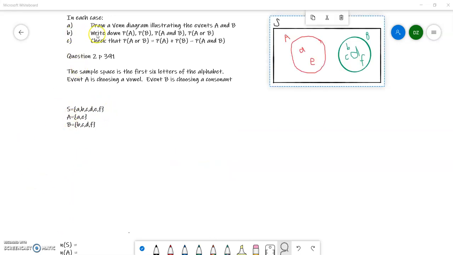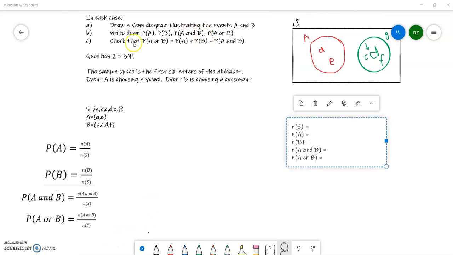The next part of my question asks me for the various probabilities. And in order to do the various probabilities, I need those various formulae. So I'm just going to copy over those formulae quickly. Since question B asked me for the probability of A, probability of B, probability of A and B, and the probability of A or B, I went and wrote down what those different formulae are.